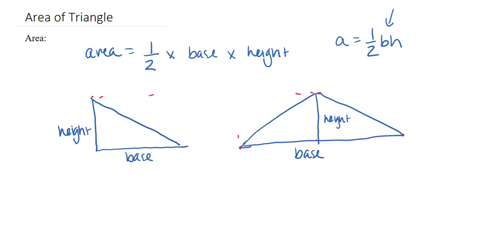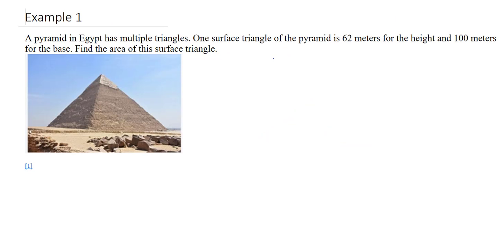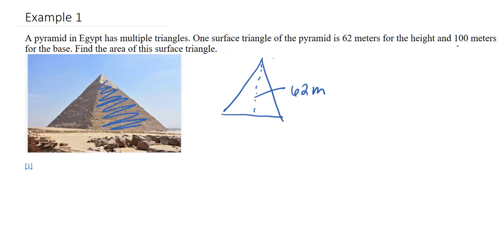So let's look at the first example. Example 1: a pyramid in Egypt has multiple triangles. One surface triangle of the pyramid, so we could say this side. If we were to redraw it, the height is 62 meters and the base is 100 meters.